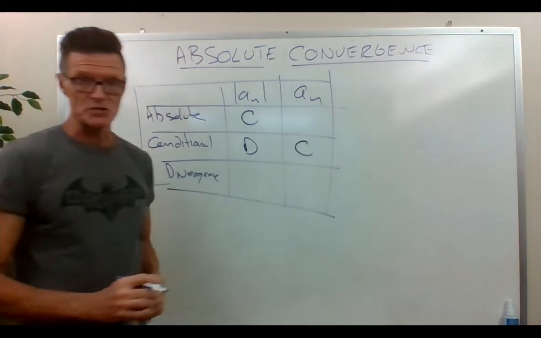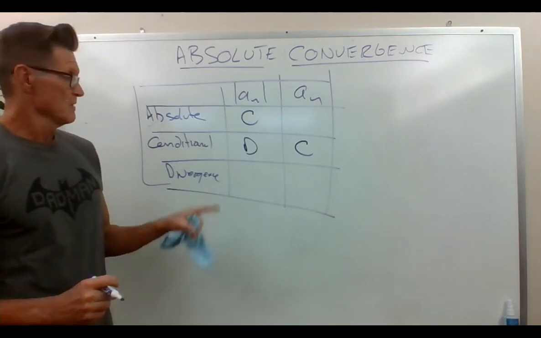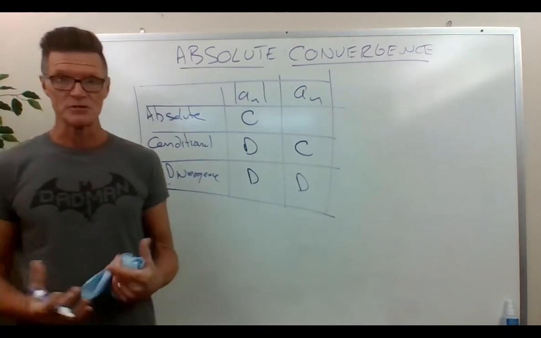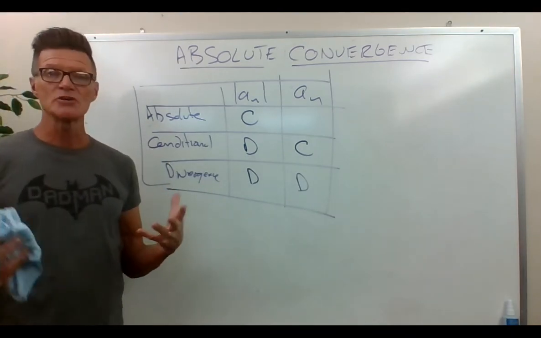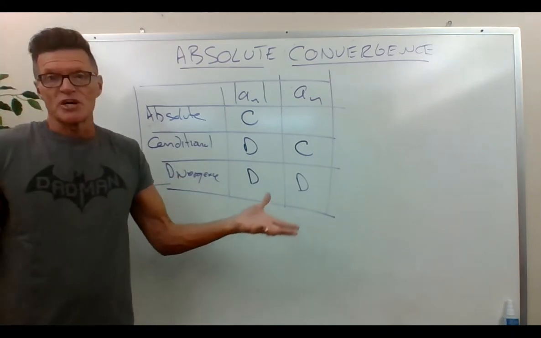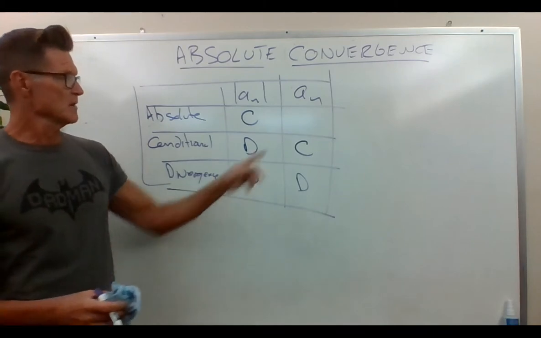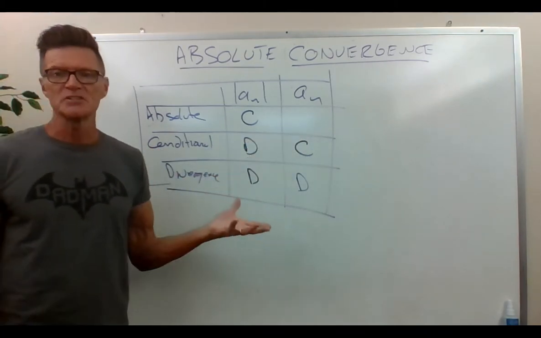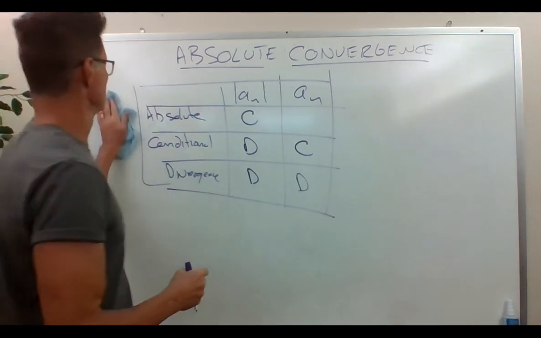And if it converges, we have conditional convergence. Finally, if they both diverge, we have divergence. That's a little chart that I like to share with my students to remember what is going on here. And if you want to put a C in here, you can, but you don't really need to. All right, let's do a few examples.